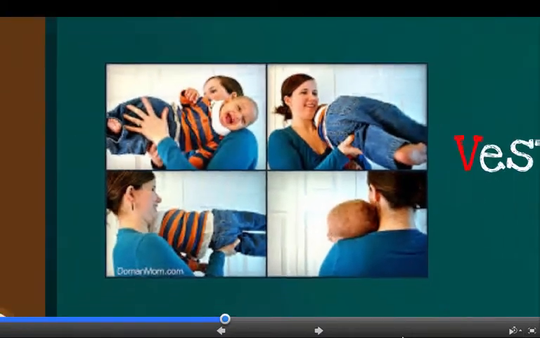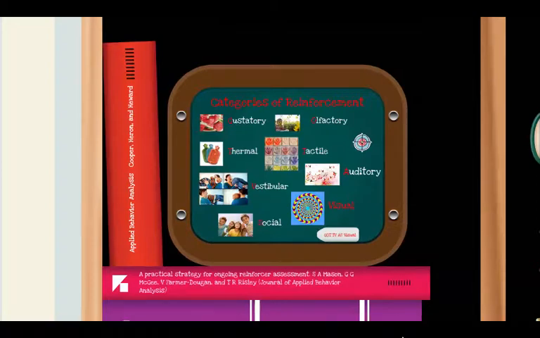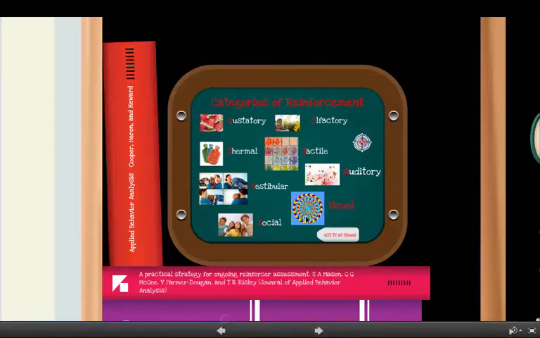All those things are vestibular reinforcers and can be very powerful to individuals. They also lend themselves nicely to what we refer to as activity reinforcers. So you can provide that vestibular stimulation through some activity, and the entire activity coupled with the vestibular sensations that the person's receiving ends up being a very strong reinforcer for an individual.